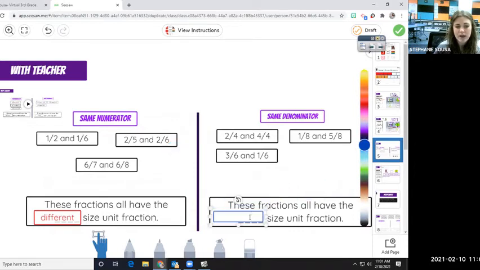So when we compare, we can just think about how many of them there are. So when fractions have the same size unit fraction, we just have to think about which one has more. When they have a different unit fraction, we have to think about which piece is bigger. Okay? Questions about any of that?